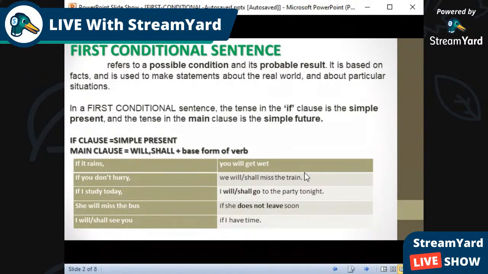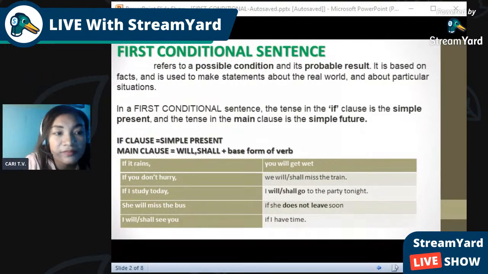That means the person will study first before going to the party. Next, she will miss the bus. In here, it is the result first. She will miss the bus if, look at the structure, she does not leave soon.